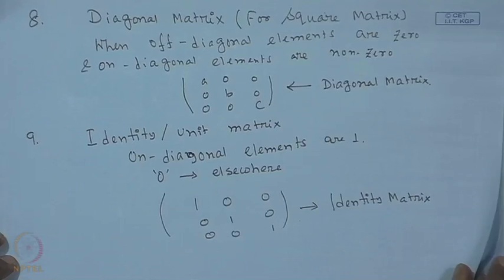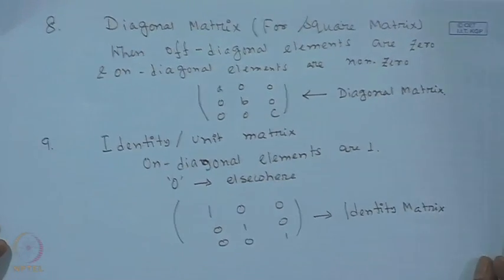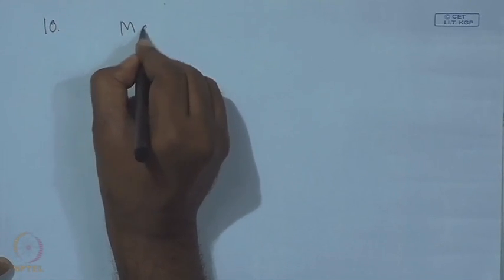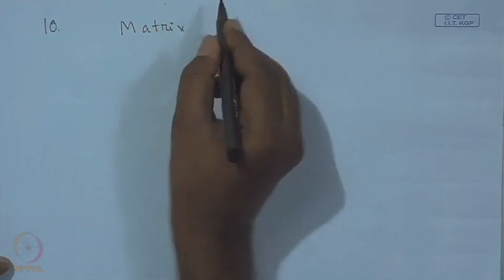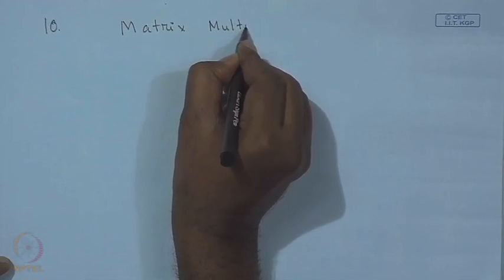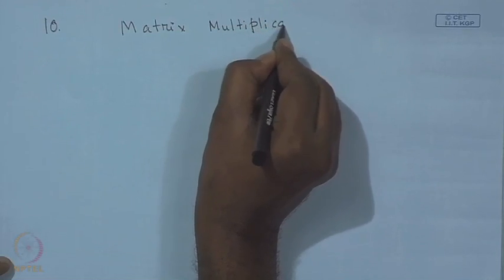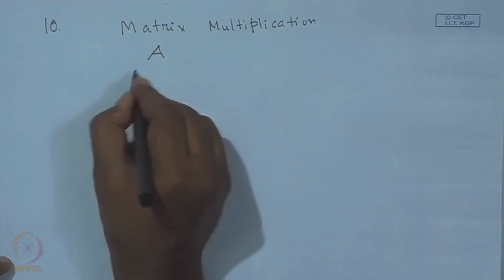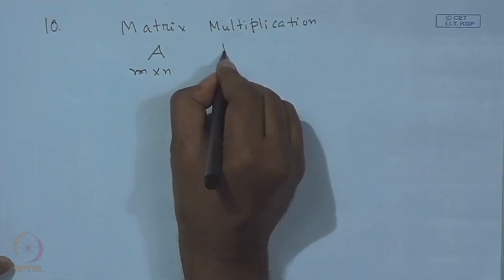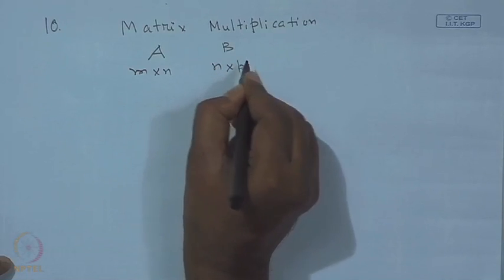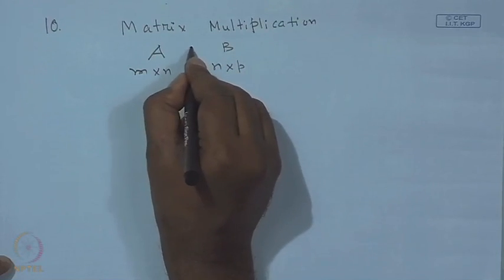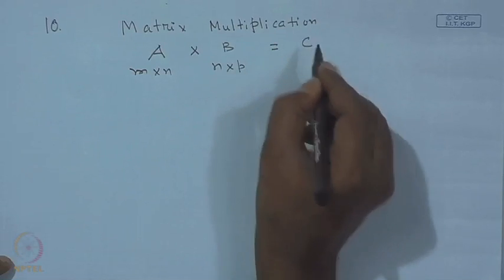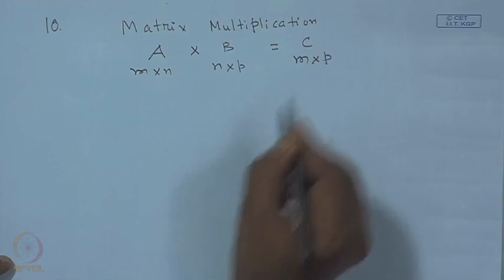Okay. So, we look into some more definitions of the matrices and determinants. Next property is matrix multiplication. Let us say two matrices, A which has a size m into n, B which has a size n into p, then A multiplied by B is equal to C, which will have a size m into p.